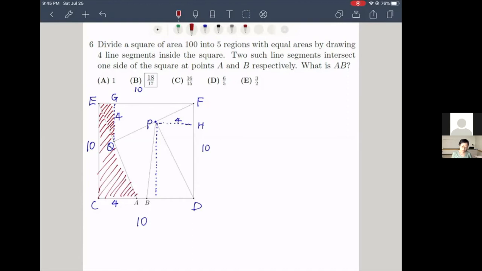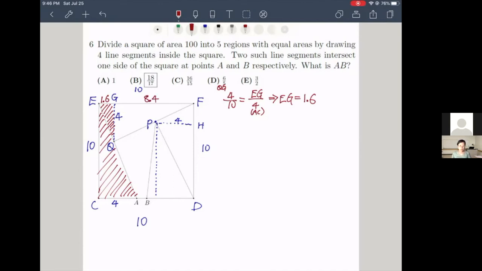And the ratio is 4 to 10. So 4 to 10 equals H over 4, which is AC. The other one is QG. And this tells us that EG is 1.6. Therefore, FG is 8.4.